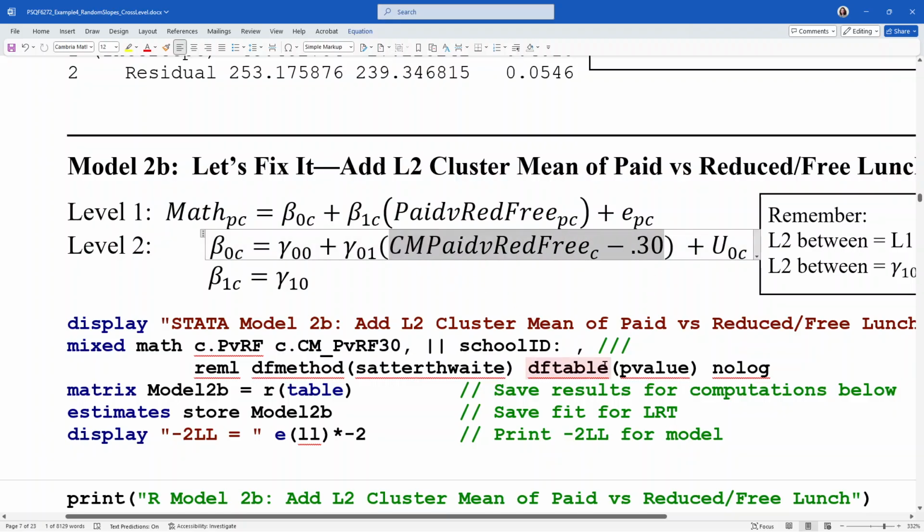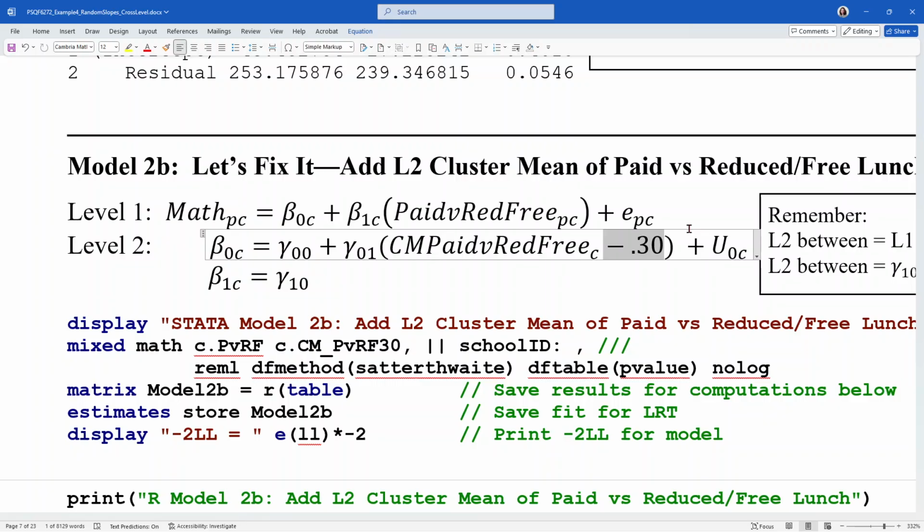This is cluster mean paid versus reduced free lunch. Trust me, it's better than PVR with a bar over it, .j or whatever. Like, it's a lot of letters, but it's easier to read. Minus 0.3. Now, why 0.3? We talked about this a bit ago. That was the sum from above, your 0.11 and your 0.19.